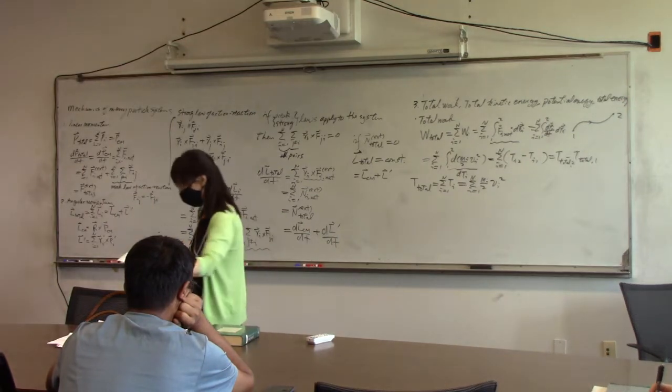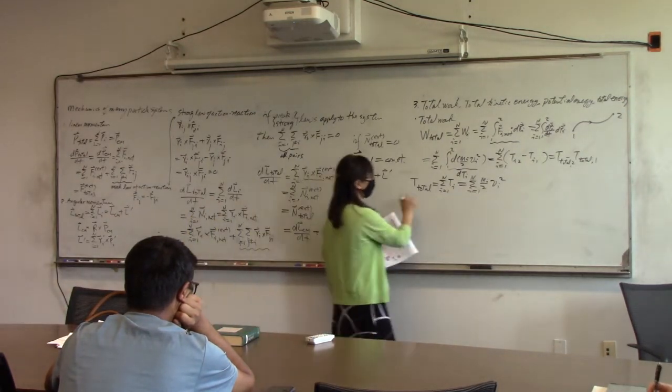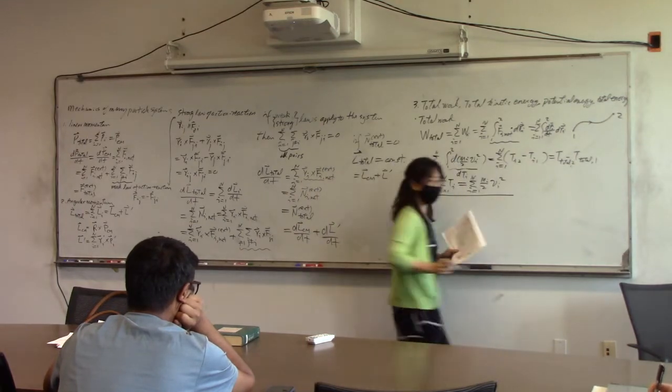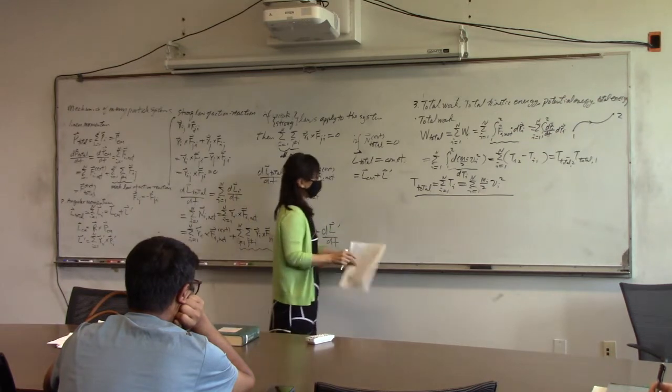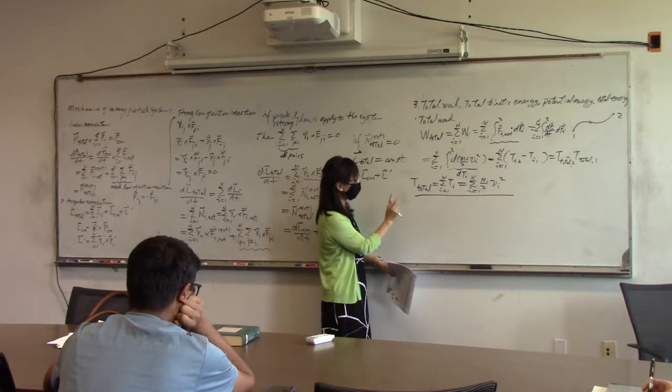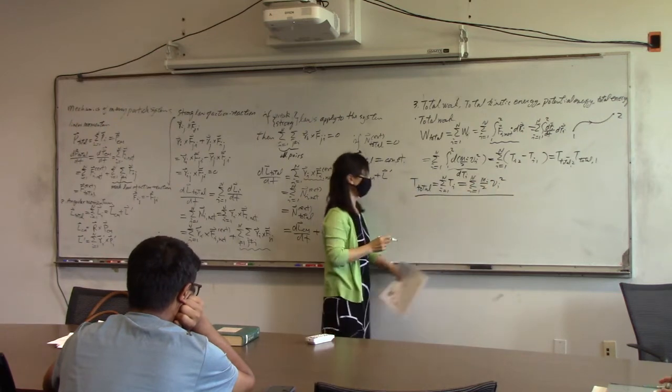Since we already have discussed single particles, we immediately know how to obtain the total kinetic energy of an n particle system. So if we have n particles, you first find this, and then you sum all together.